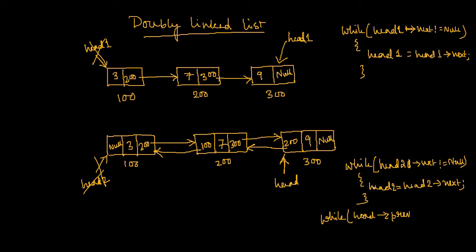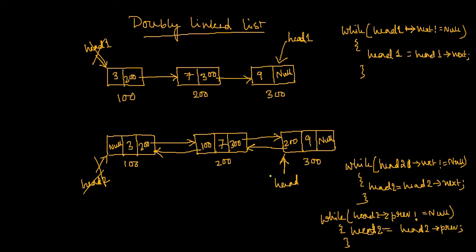What is prev? Prev is the variable name that actually stores the address of the previous node, just like what we have next over here. That's why I require one more variable to store the address. So the variable name is prev. So while head 2 prev not equal to null, head 2 equal to head 2 prev.